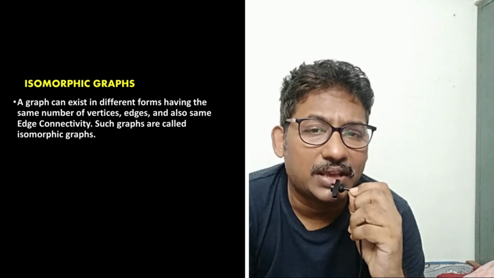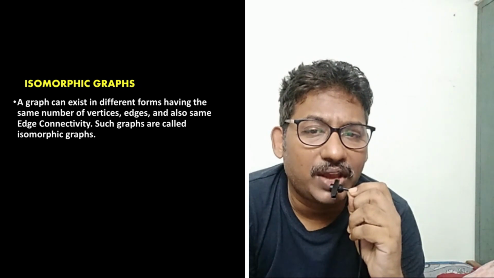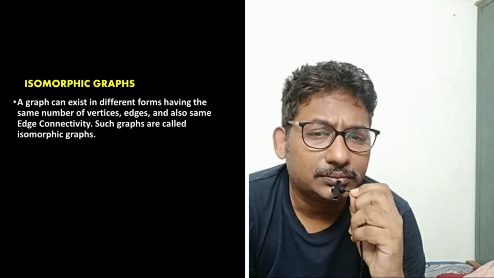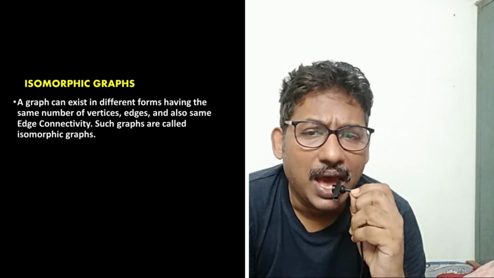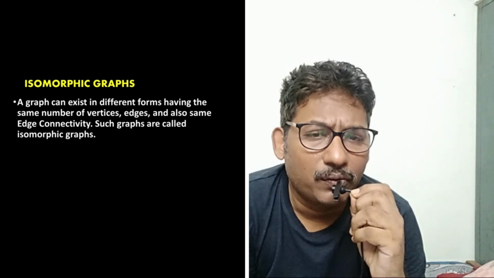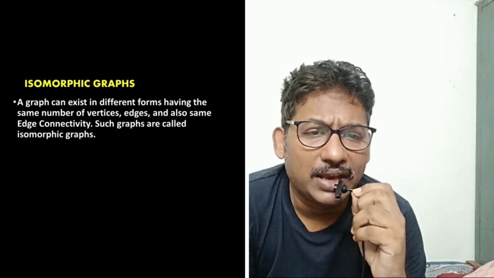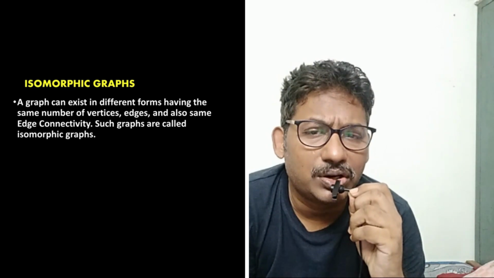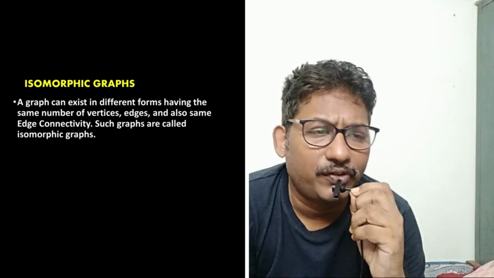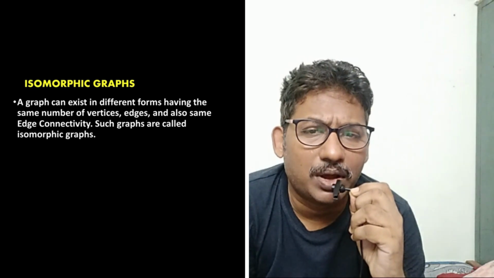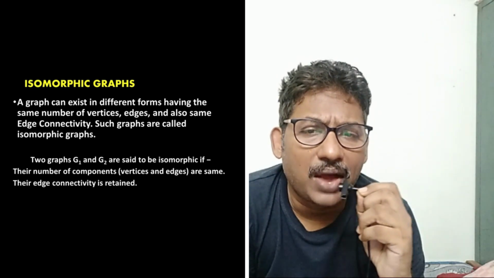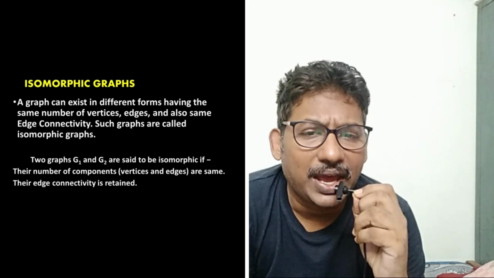Then comes isomorphic graphs. A graph can exist in different forms having the same number of vertices, edges and the same edge connectivity. Such graphs are called isomorphic graphs. So these are isomorphic graphs where you can have connectivity between the edges.